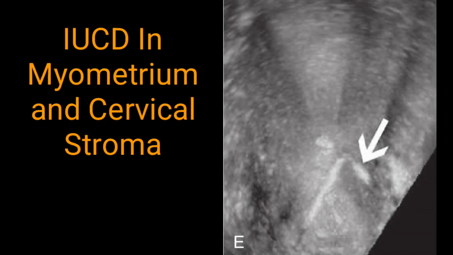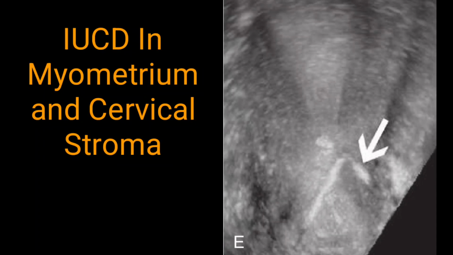This is a transvaginal scan, and on this transvaginal scan it is beautifully explained that the intrauterine contraceptive device is within the myometrial parenchyma. Both arms are penetrated within the myometrial parenchyma.